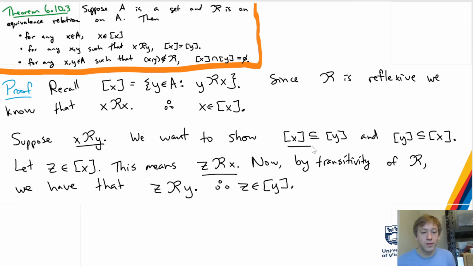And so that proves that we have this subset relation. So the equivalence class of x is a subset of the equivalence class of y. So therefore, what we've proven is this.